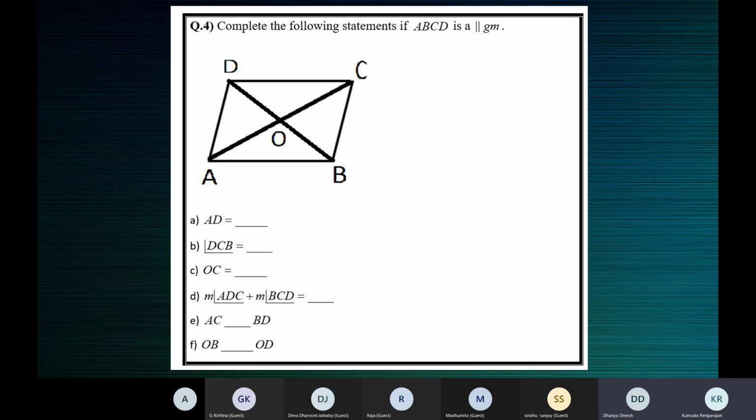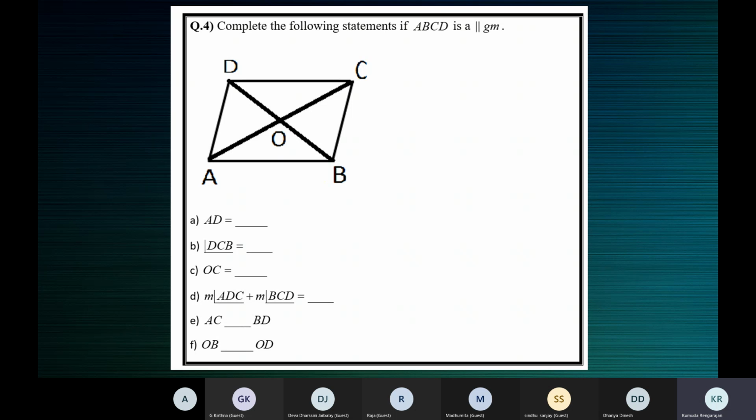When you say CA, you're talking about a line segment. Madhumita? Ma'am, it's 360 degrees. No. All of you please think again.